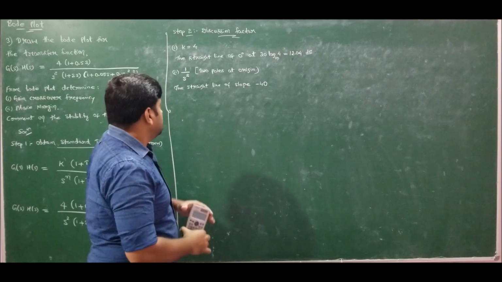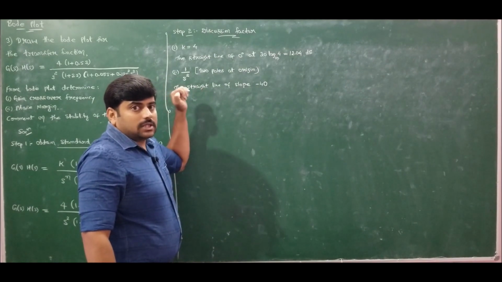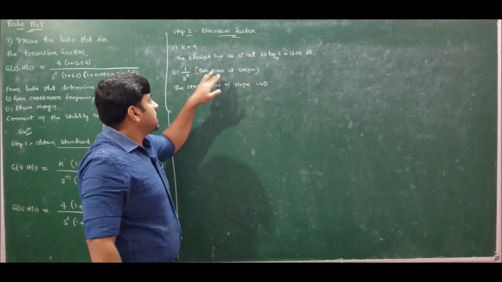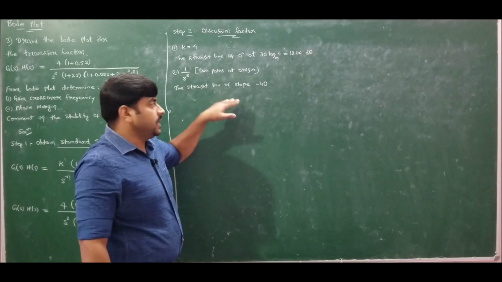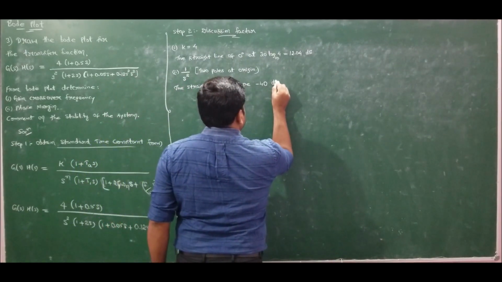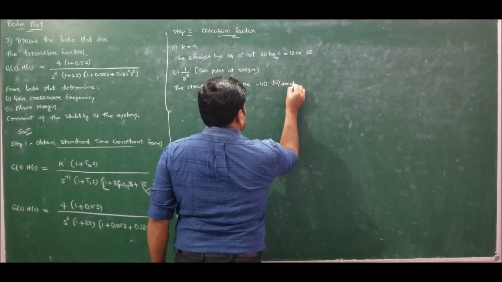Correct? The general formula is that the slope of the poles at origin is nothing but minus 20 into n, where n is the number of poles. Here I have two poles, hence it is minus 20 into 2, which is nothing but minus 40 decibels per decade.